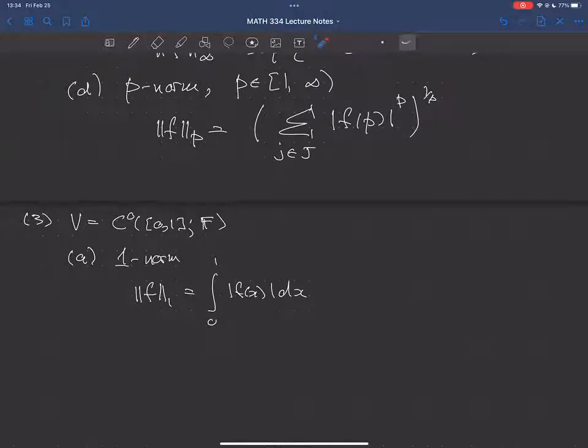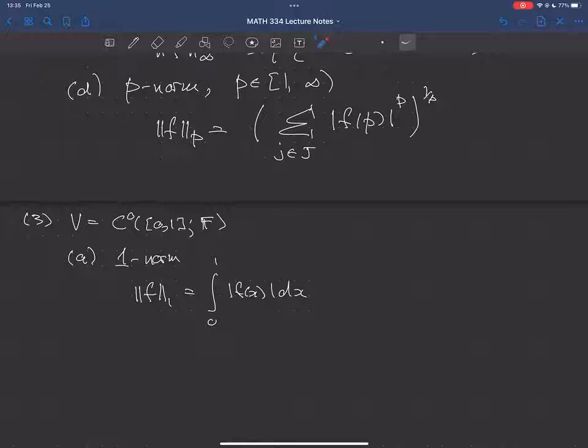And this is also a norm, okay, but maybe we should think a little bit about why this is a norm and not a semi-norm, okay? So let's first make sure we understand why this number, this thing we're calling the 1 norm, is finite. Okay, so the norm should at least be well defined. And this has to do with the fact that we're working with continuous functions on a compact interval.